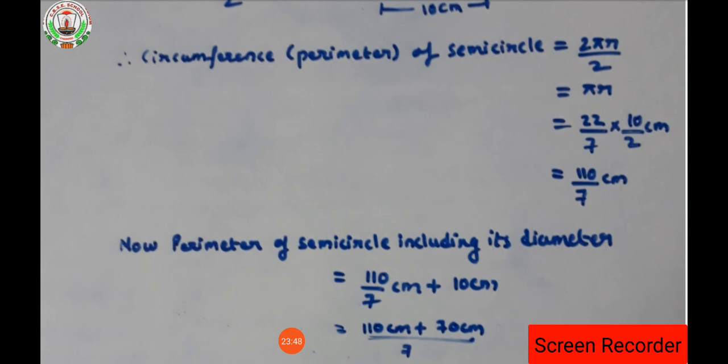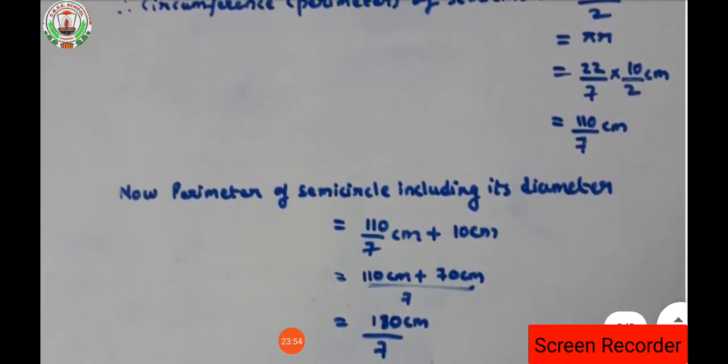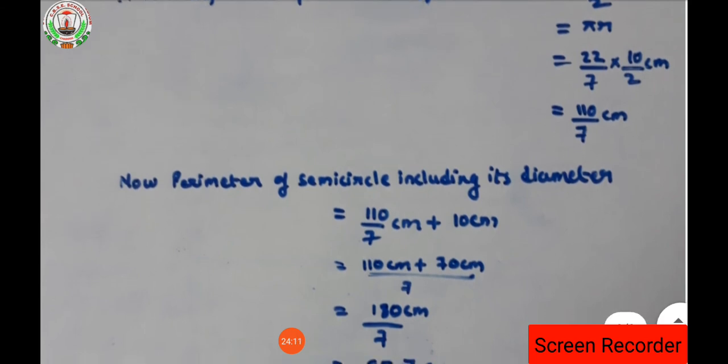Now in the question it is very clearly said that we have to add the diameter of a semicircle, because in the question it is said perimeter of a semicircle including its diameter. That's why whatever the circumference value we got, we are going to add 10. 10 is the diameter. So 110 centimeter upon 7 plus 10. 7 will get cross multiplied.